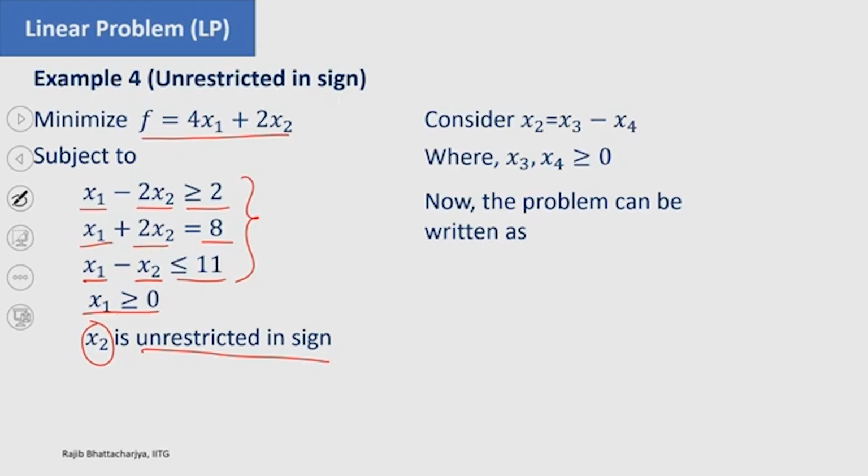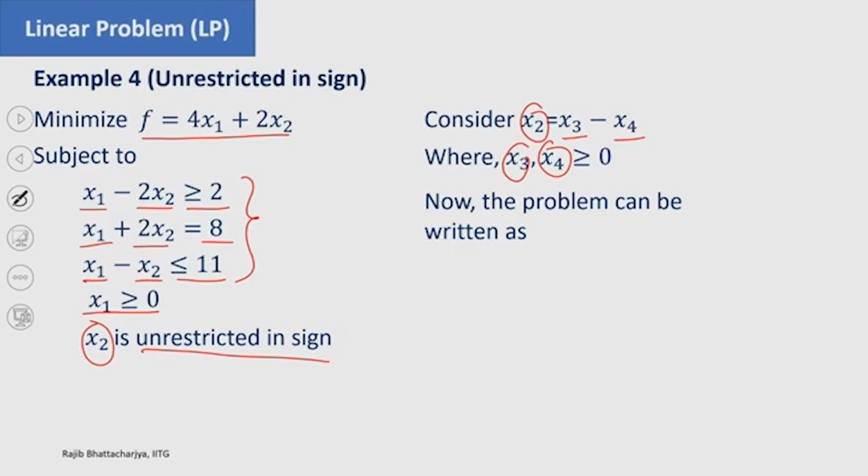So, what you have to do basically is consider x2 = x3 - x4. What I am doing is writing x2 in terms of x3 and x4. Now, x3 and x4 are positive here. I am doing this because when you are considering the LP problem, all the variables should be positive. So, you cannot have a negative variable. Okay.